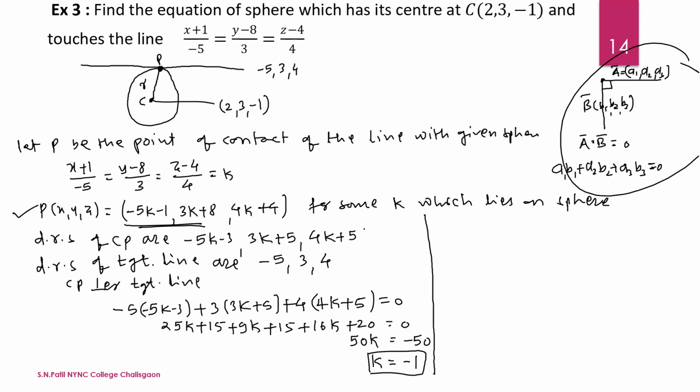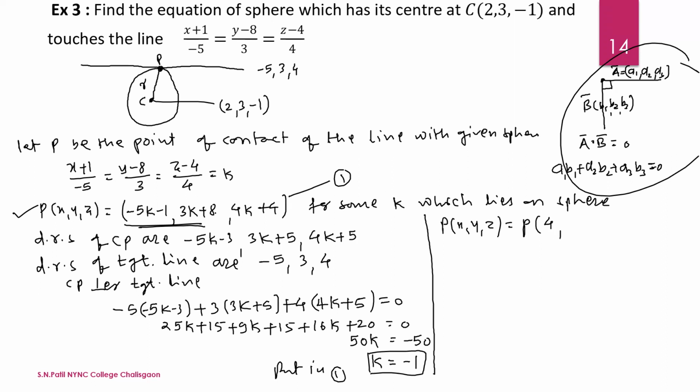So we get the P point. Suppose this is equation number 1. Put in 1. So we get P point x, y, z is equal to, put k equal to -1, that is plus 5 and -1, that is 4.